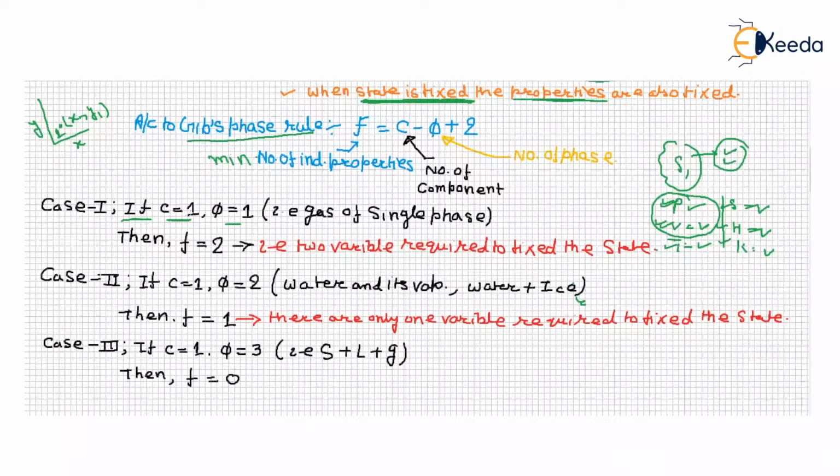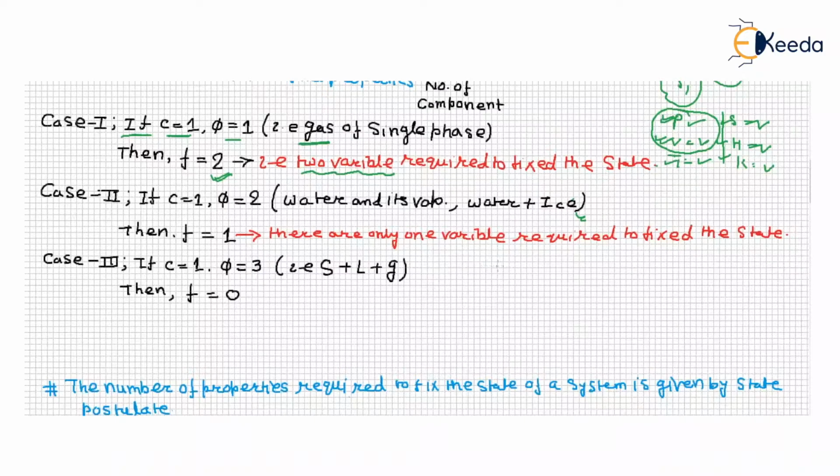If we put C equal to 1 and P equal to 1, F equals 2. That means the minimum value is 2. That means two variables are required to fix the state. If we draw a plane like that, y and x, mind it, this y and x are the properties.